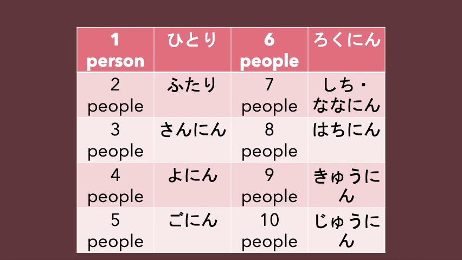Just like 4時 for 4 o'clock, not 4時, right? 5 people is 5人. 6人. 7 people, you can say 7人 or 7人. 8 people is 8人. 9 people, 9人. 10 people, 10人. And if you were to say 100 people, it's 100人.